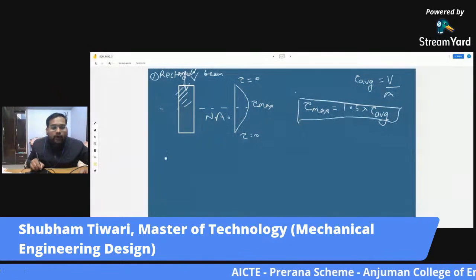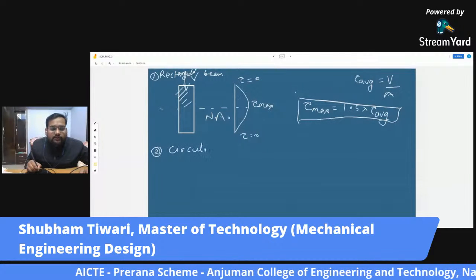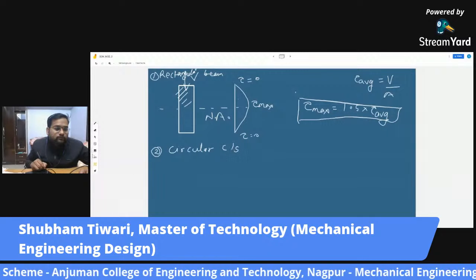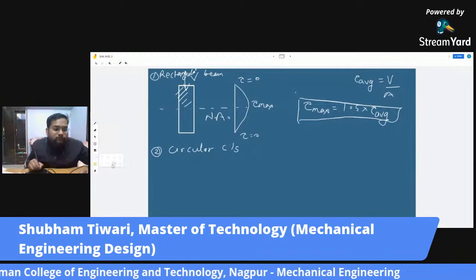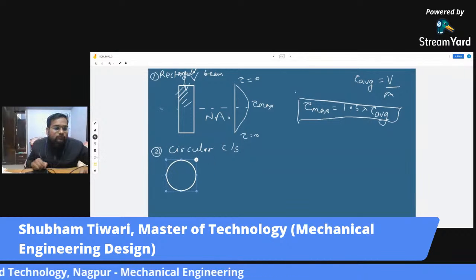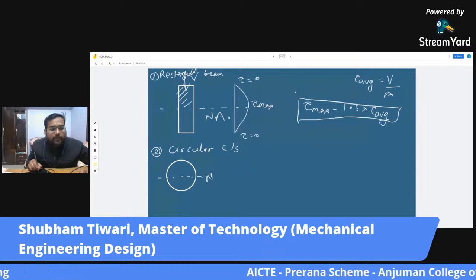Now, for a beam with a circular cross section, the neutral axis will again pass through the center.